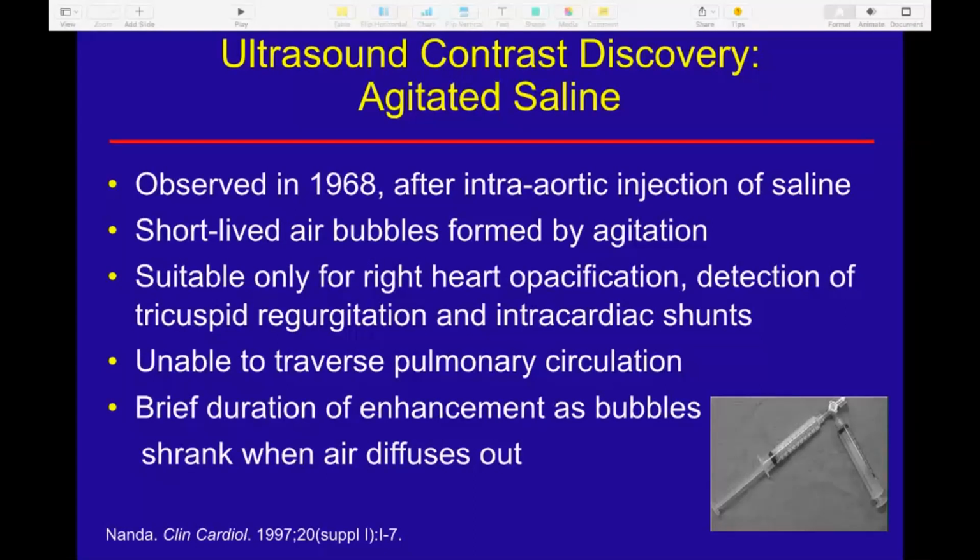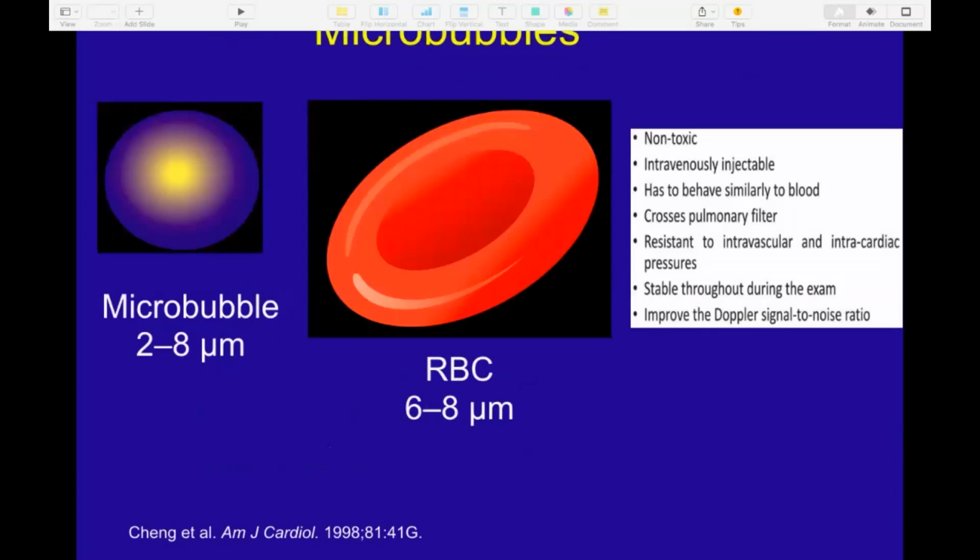They are very suitable for right heart opacification, as we do with saline contrast. You can use them for tricuspid regurgitation and intracardiac shunts, but the problem is they are unable to traverse the pulmonary circulation, so they can't get to the left side and cannot last long enough for durable enhancement of the left ventricle.